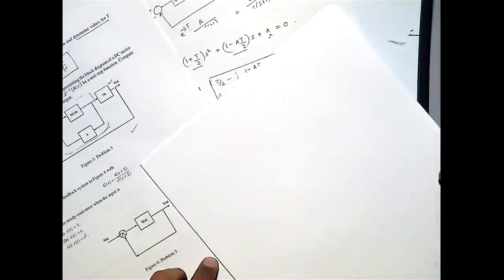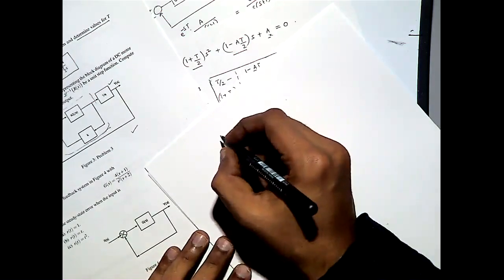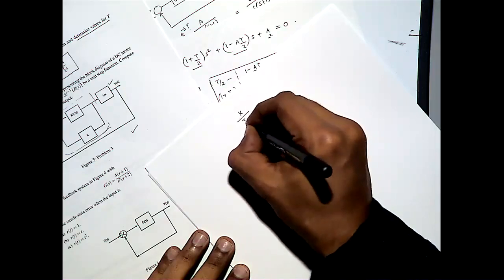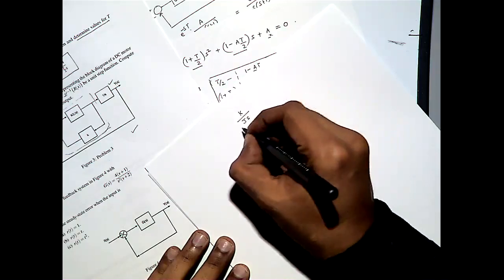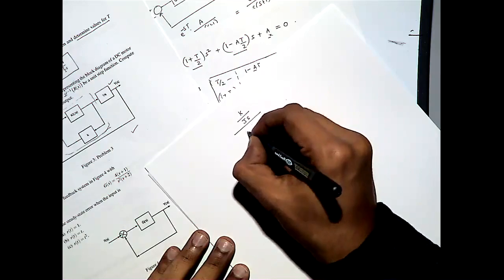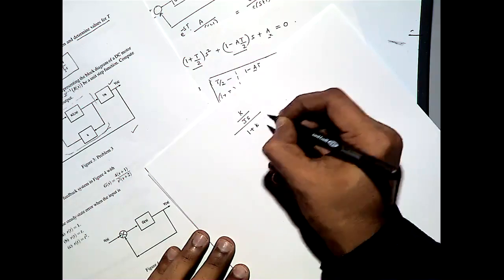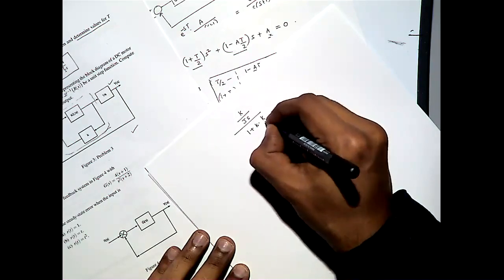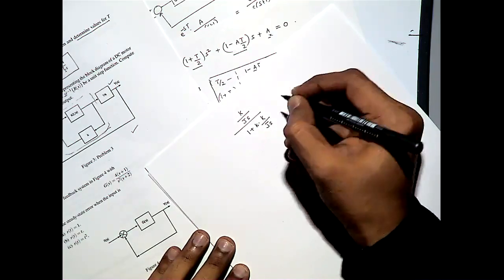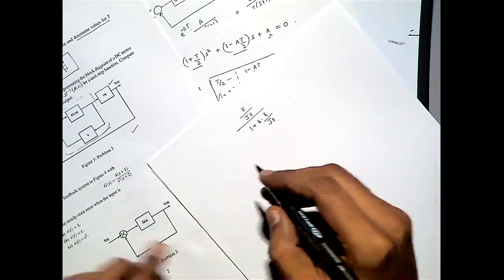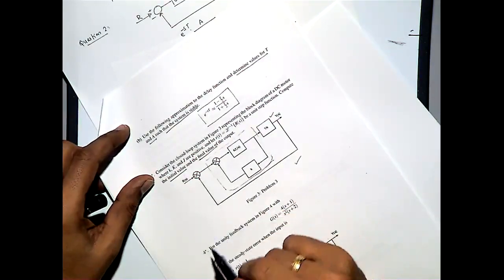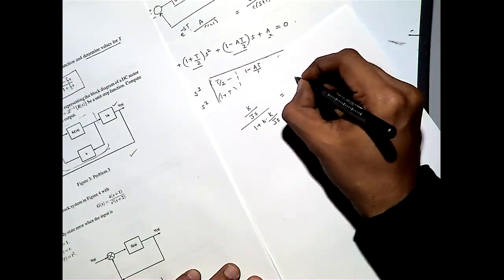For the internal loop, I know that the transfer function will be K divided by Js, all divided by 1 plus small k times capital K divided by J times s. Right?